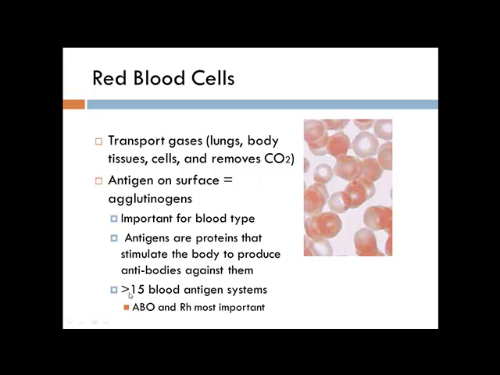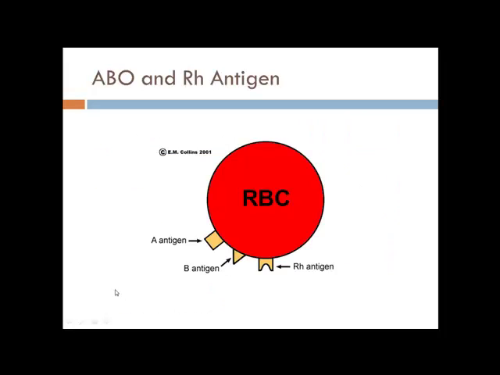There are over 15 known antigen systems in the body, and we're going to focus on our ABO blood typing, which is the most important for our blood cells. The types of blood you can have are type A blood, type B blood, type O blood, and you can also have type AB blood.